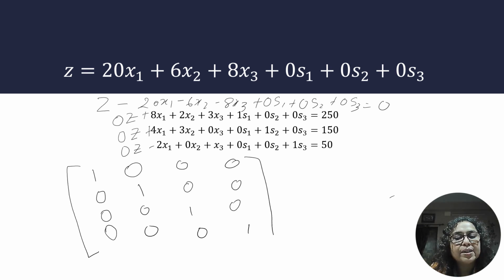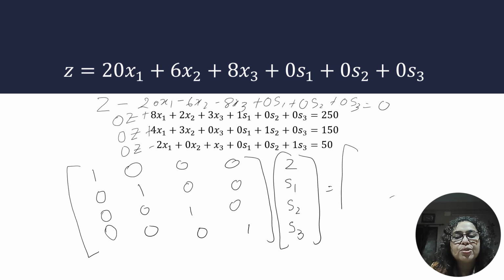Again, we have an identity matrix, but now we have included z, so we have four variables where z is the objective variable, and then we have s1, s2, s3, and we have equal to the constant 0, 250, 150, and 50.